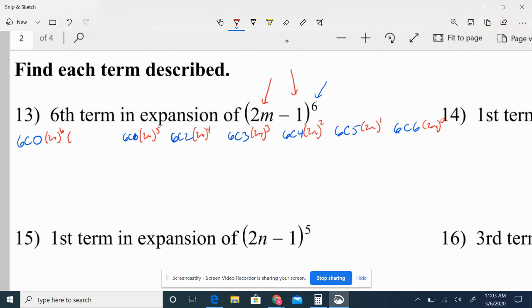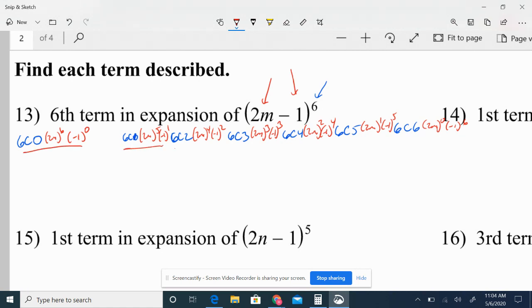I will do negative 1 to the 0, negative 1 to the 1, up to negative 1 to the 6th. I find out each of these terms, and that is better than doing all the multiplication with all the parentheses.